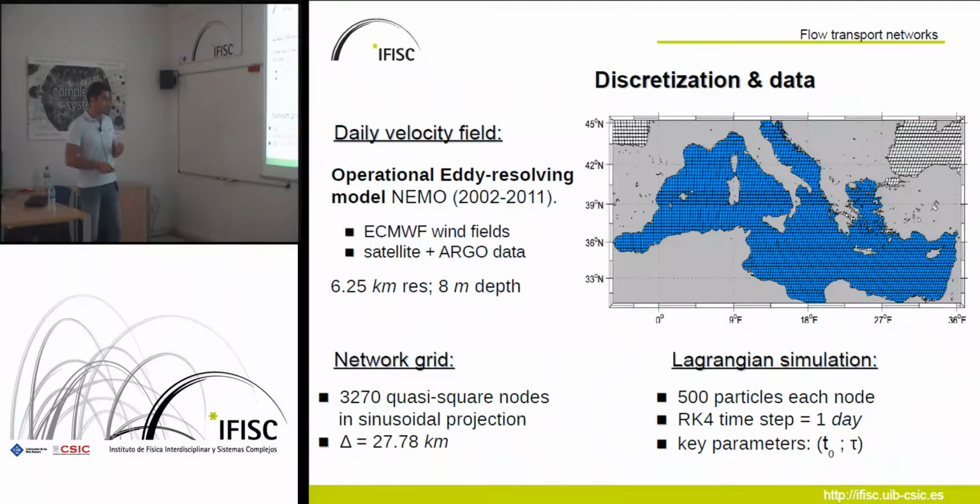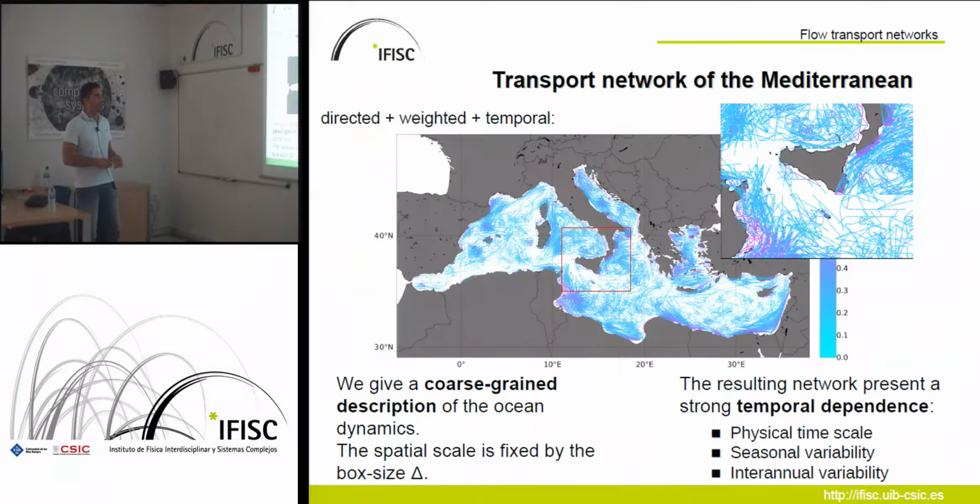We have these two parameters, the start and the end of the simulation, that we can tune to look at different things. The network resulting, indeed, is strongly time dependent. We can extract many snapshots, and the network that will result will be different.